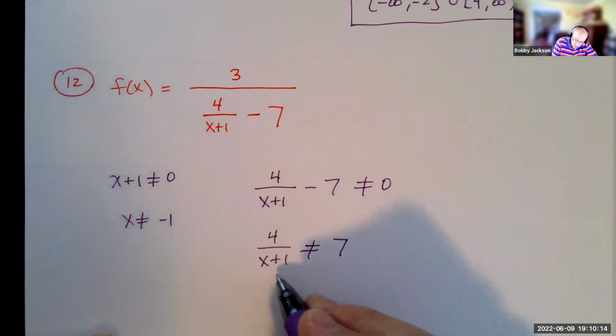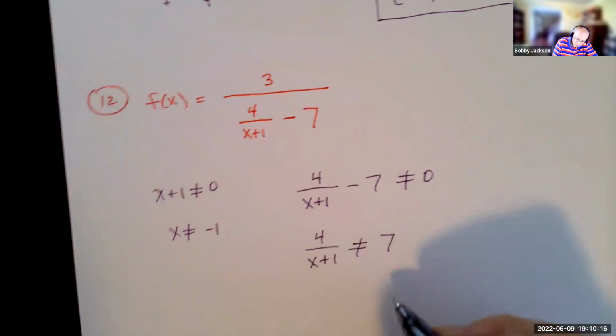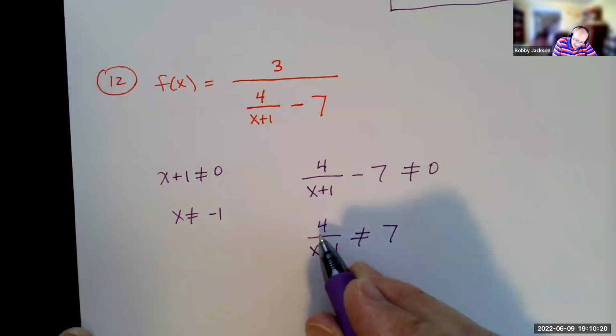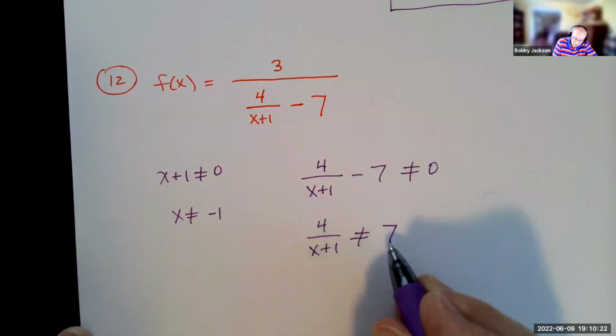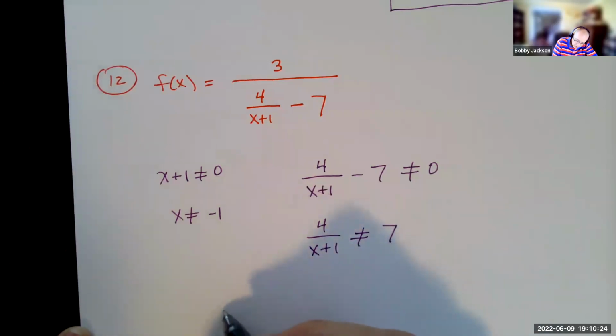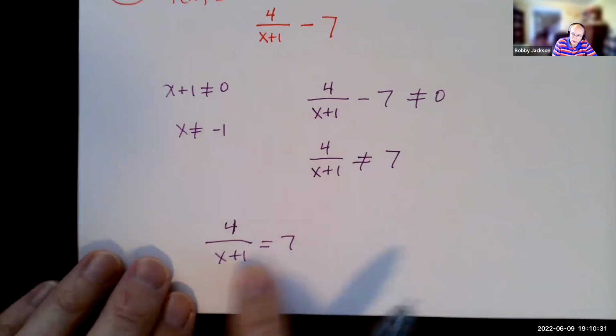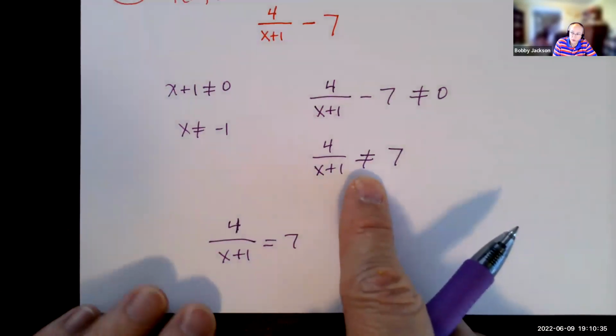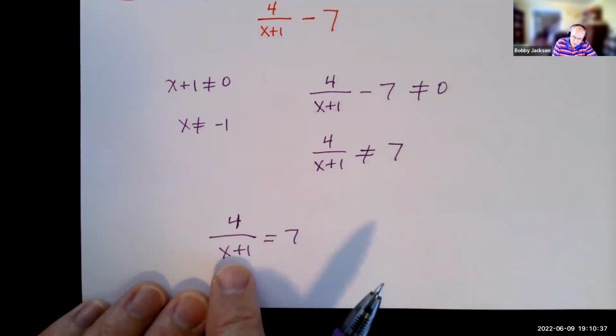And then here, how's this going to work? What do I need x plus 1 to be so that when I divide into 4, I get 7? In other words, I want to actually solve this equation: 4 divided by x plus 1 equals 7. Because when I get that value of x, that's what I want to exclude here. So how do you solve this type of equation?